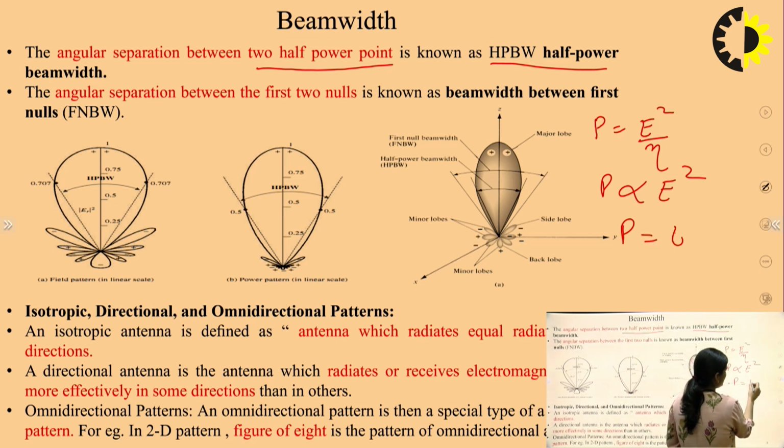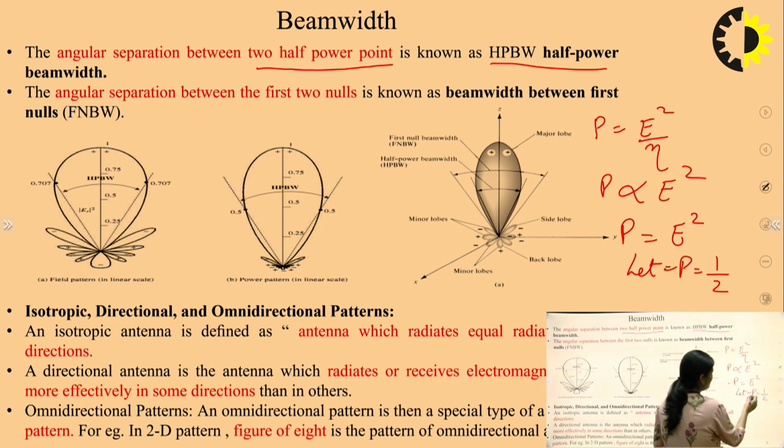Let P be equal to half. If we are calculating for half power beam width, P is equal to half, so E square is equal to half. So we can calculate E is equal to 1 upon root 2.